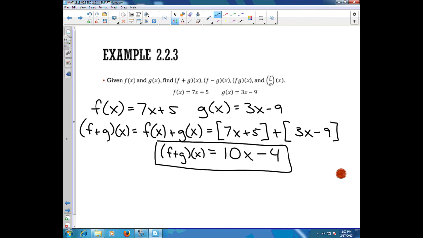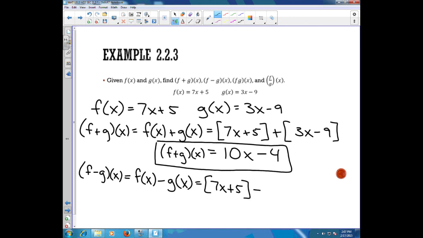We want to do the same thing when we subtract. f minus g of x, well, that's f of x minus g of x. So that's 7x plus 5 minus 3x minus 9. Now here when we subtract, the negative sign, the minus g of x, the negative sign will distribute to the entire function.